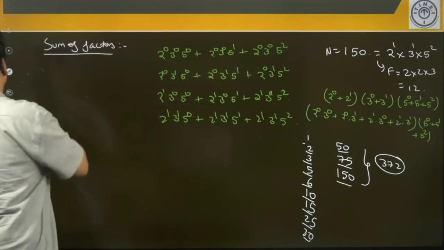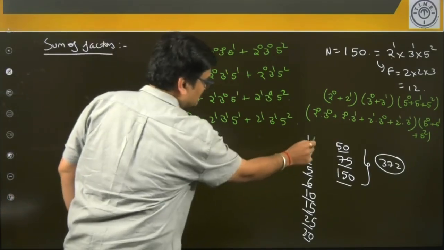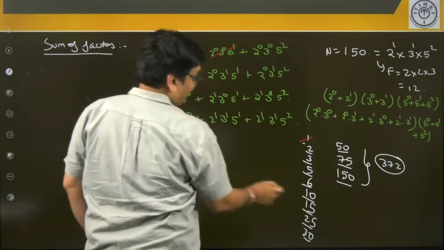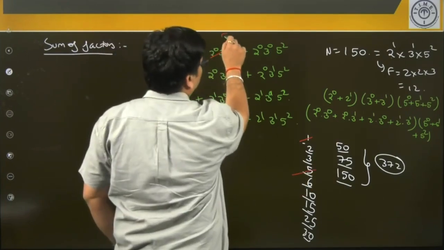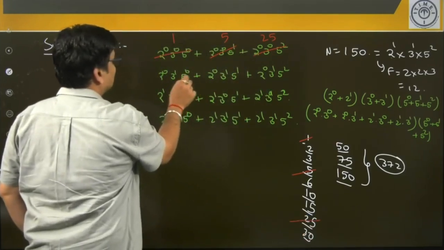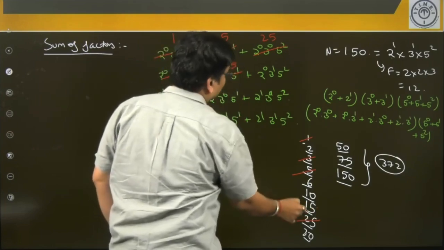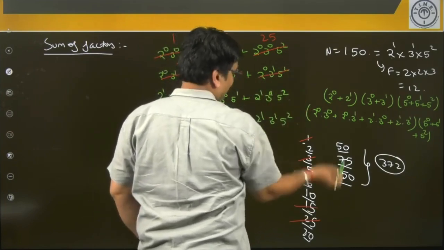And please note, what are these equal to respectively? This is 1. This is 5, right? This is 25. This is 3. This is 15. This is 75.